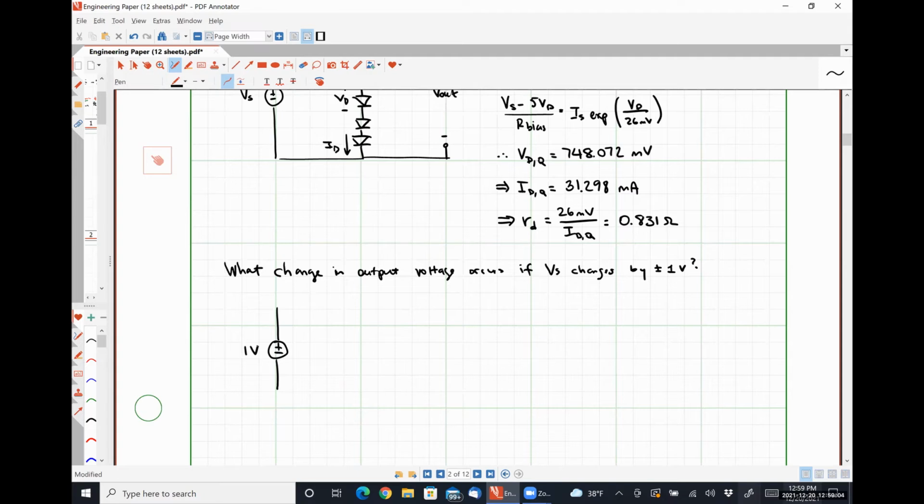My source now is just going to be the peak value of my change. I have my bias resistor. I have 5 dynamic resistances in series, so I'm just going to call that 5 RD.